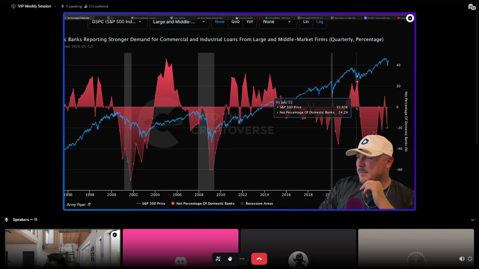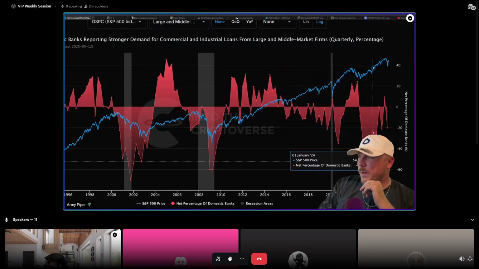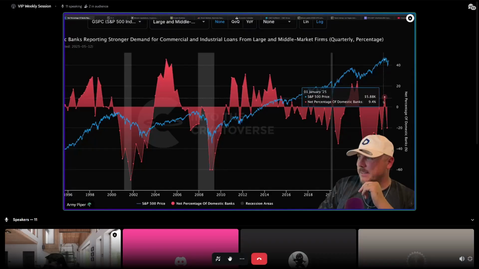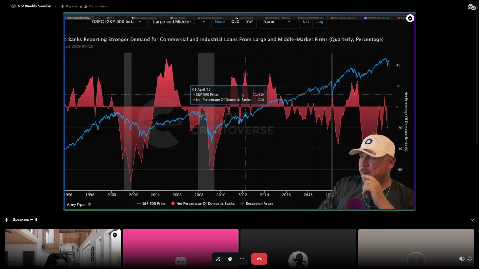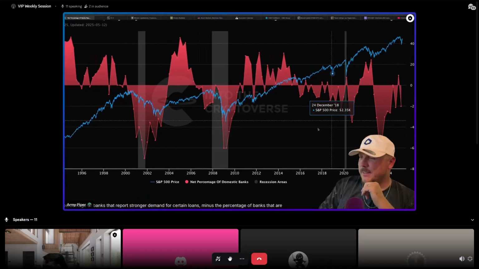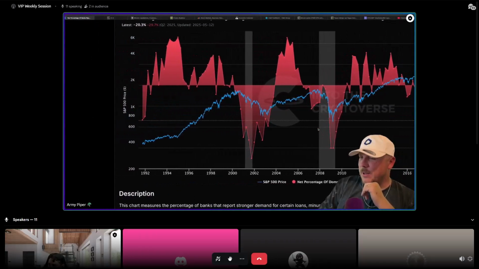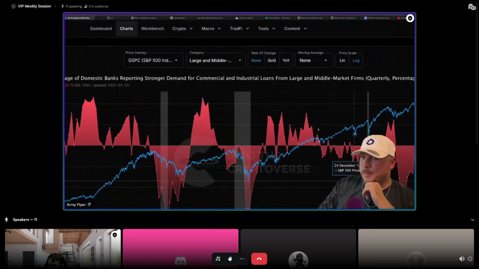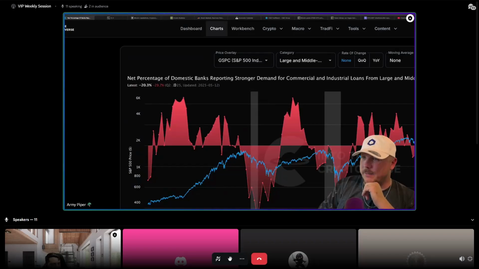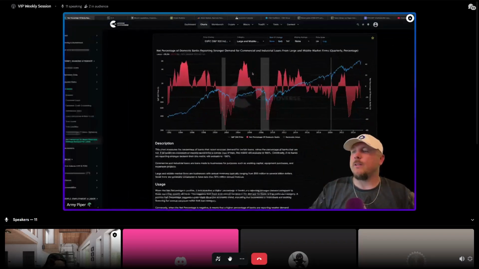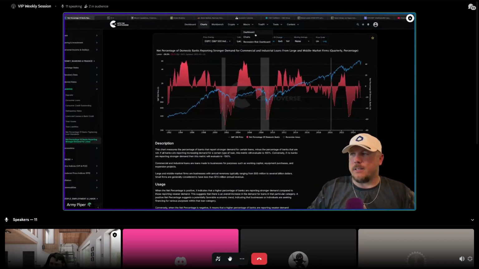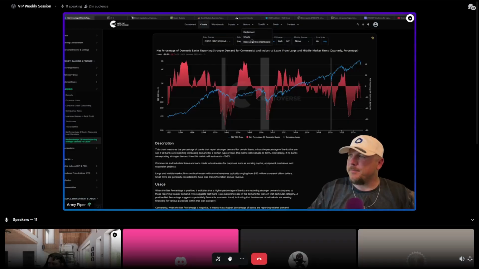Since July 2022, we have been in negative demand except for this one little pocket, and it didn't even shoot up as high as what we have historically. Pretty crazy. Demand levels for loans is low. It means nobody's trying to grow. It's negative 29.7% for the quarter. A lot of great stuff in this dashboard, man.